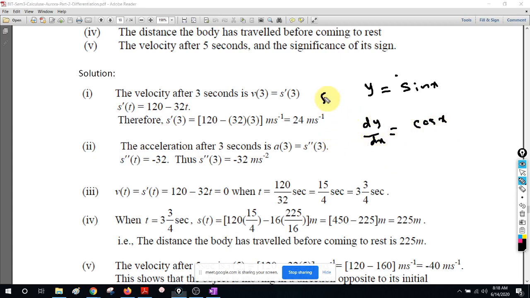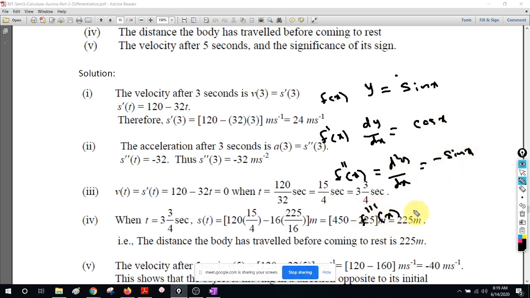So that is f of x, and this is f dash x. If I want f double dash x, I have to do it again. That is d2y by dx2, and the derivative of cos x is minus sin x. If I need f triple dash x, another notation is d3y by dx3, that is minus, I can take it out, the derivative of sin x is cos x, so minus cos x. Again, I can do this forever.